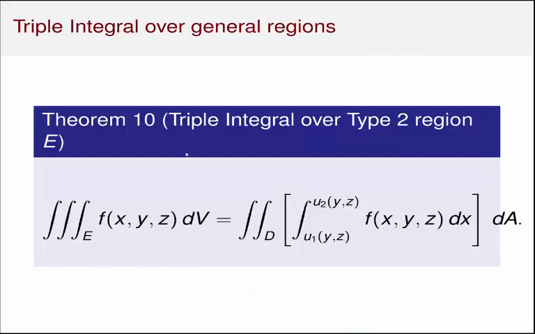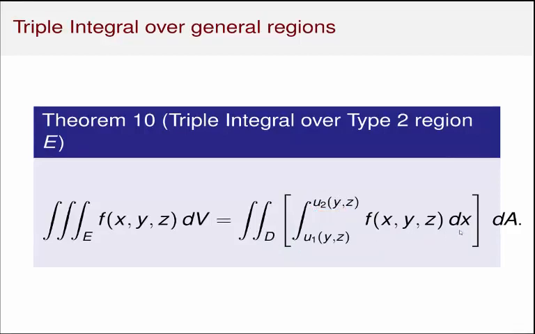Well, basically we convert this into a double integral over the projection followed by the inner integral with respect to x from the lower bound U1 of YZ to the upper bound U2 of YZ. And after evaluating the inner integral, the variable x will disappear, and the resulting function will be some function of y and z, let's say denoted here by g of yz.